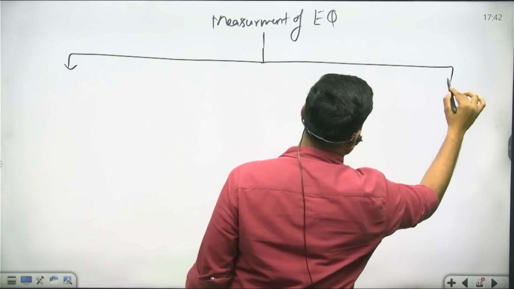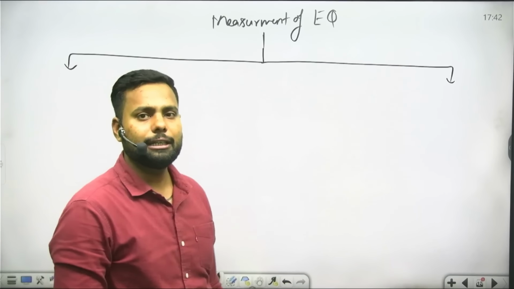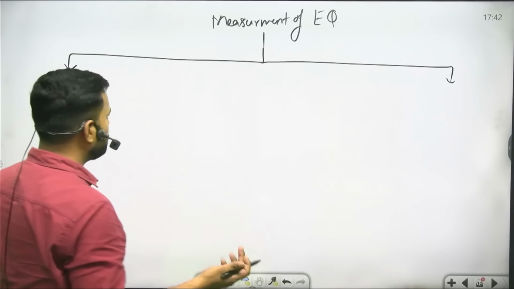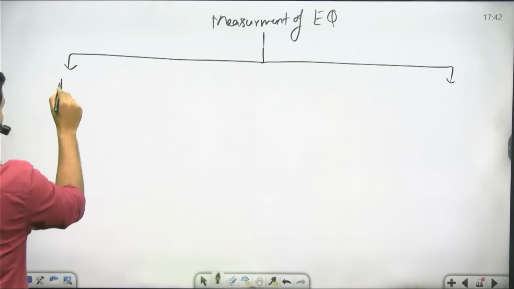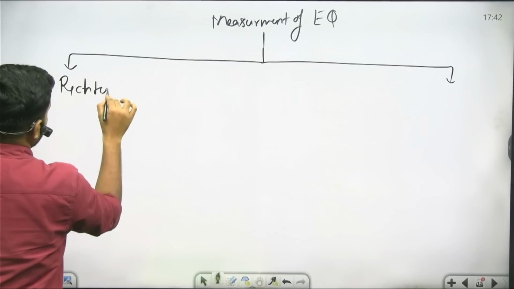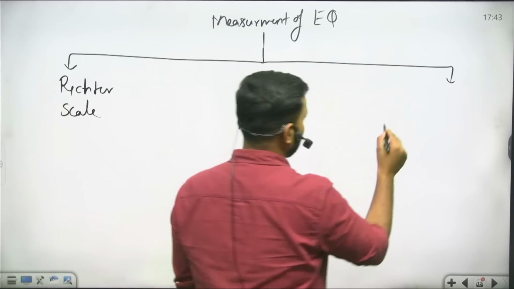Mainly there are two types of scale which can measure the earthquake. Earthquake मतलब उसकी energy को. The first is the Richter scale. The second one is the Mercalli scale.